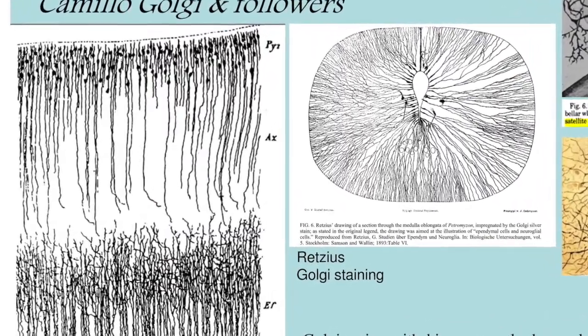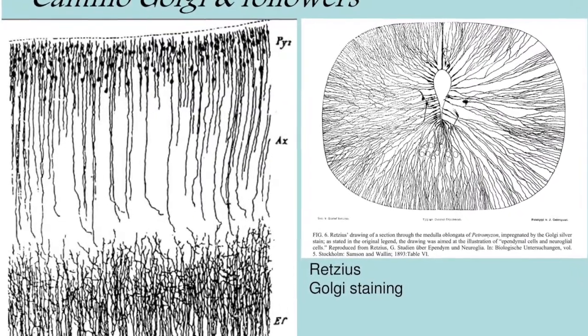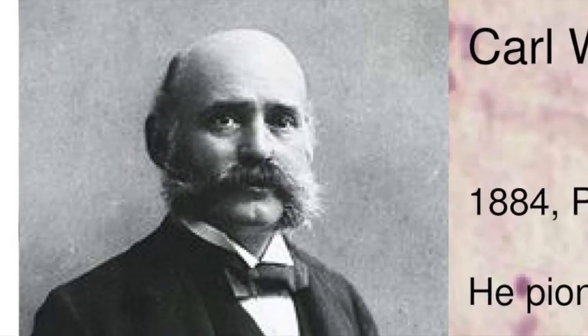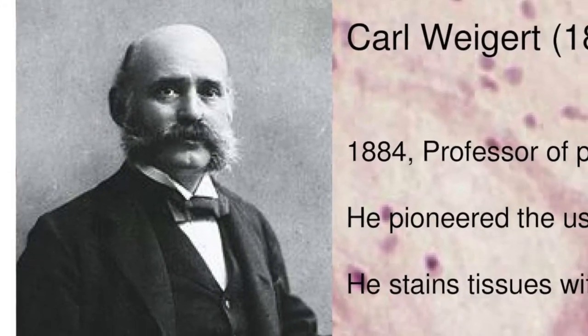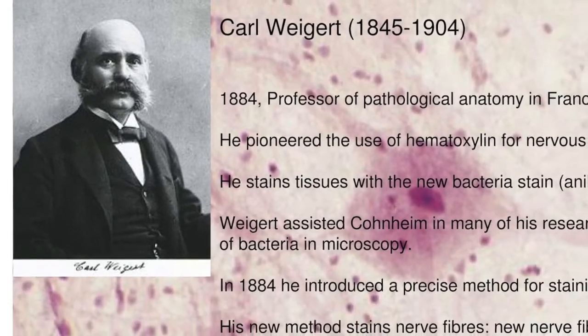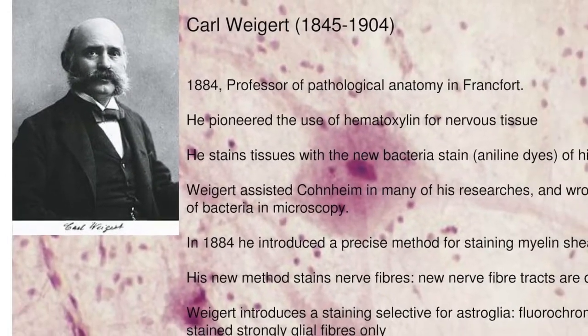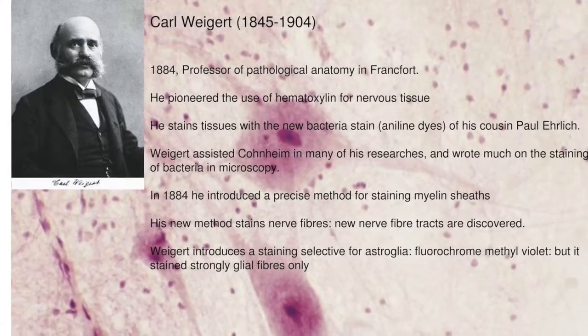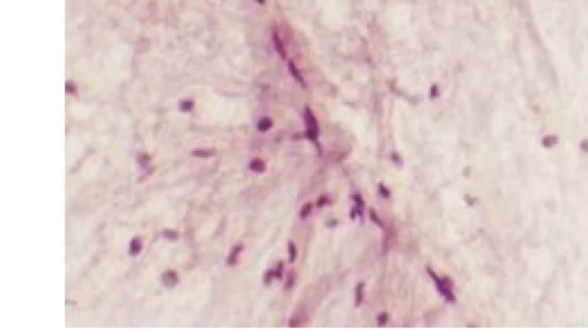At that time, Germany was a world leader in organic chemistry, where new dyes were developed for industry. Biologists took advantage of these new dyes to stain biological tissues. Carl Weigert, professor of pathological anatomy in Frankfurt in 1884, pioneered the use of hematoxylin to stain the nervous tissue.